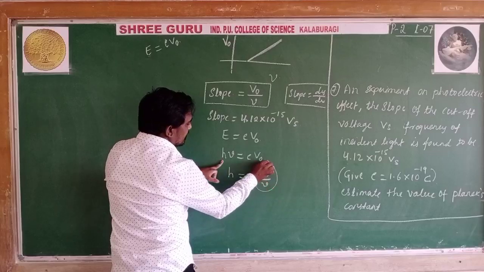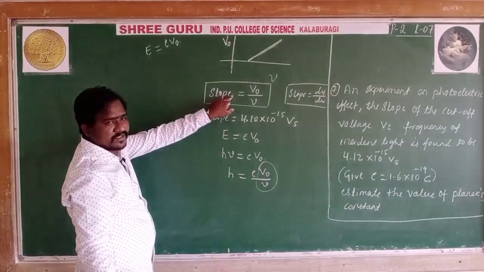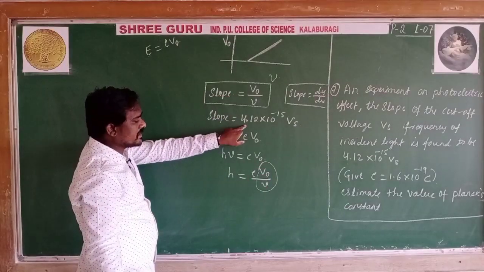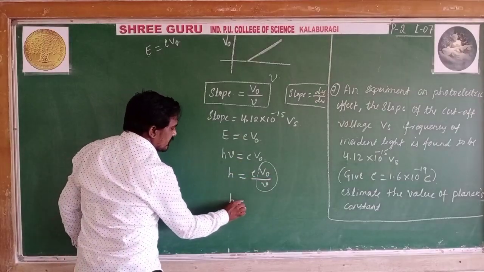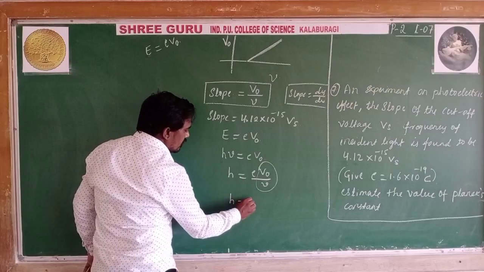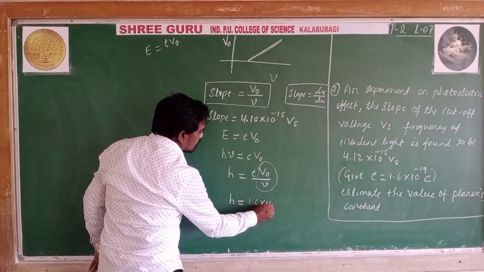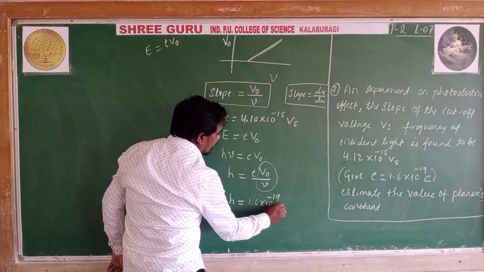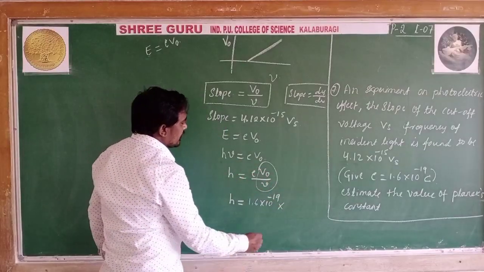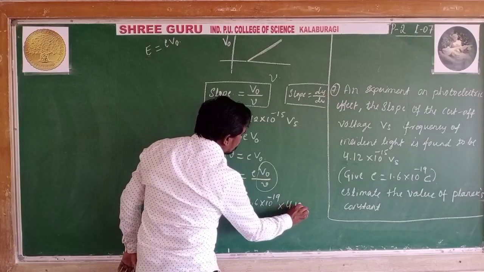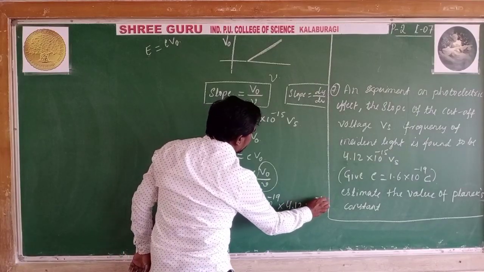What is this? V0 by nu is nothing but slope. We know the slope value and we know the charge value. Just substitute here. What is the e value? 1.6 into 10 raised to minus 19, and slope V0 by frequency nu, that is 4.12 into 10 raised to minus 15.